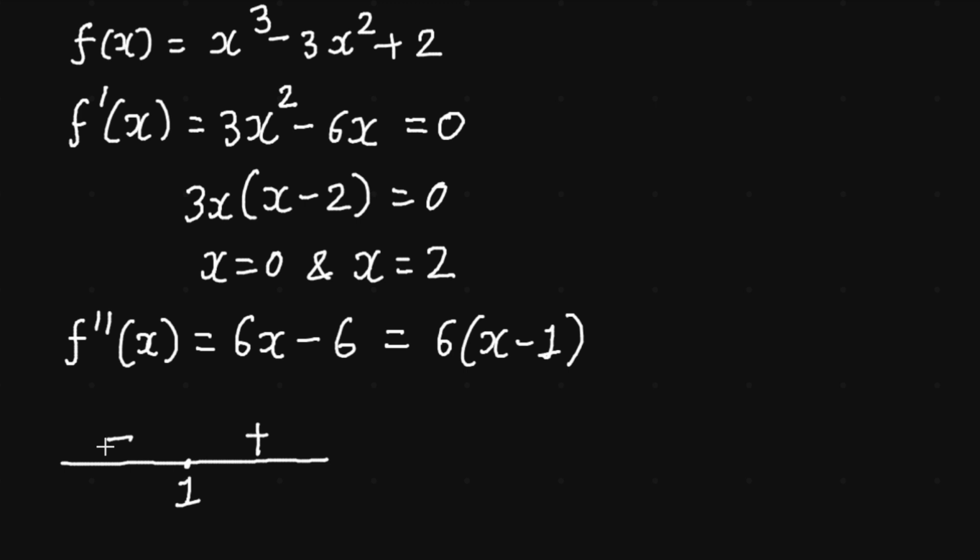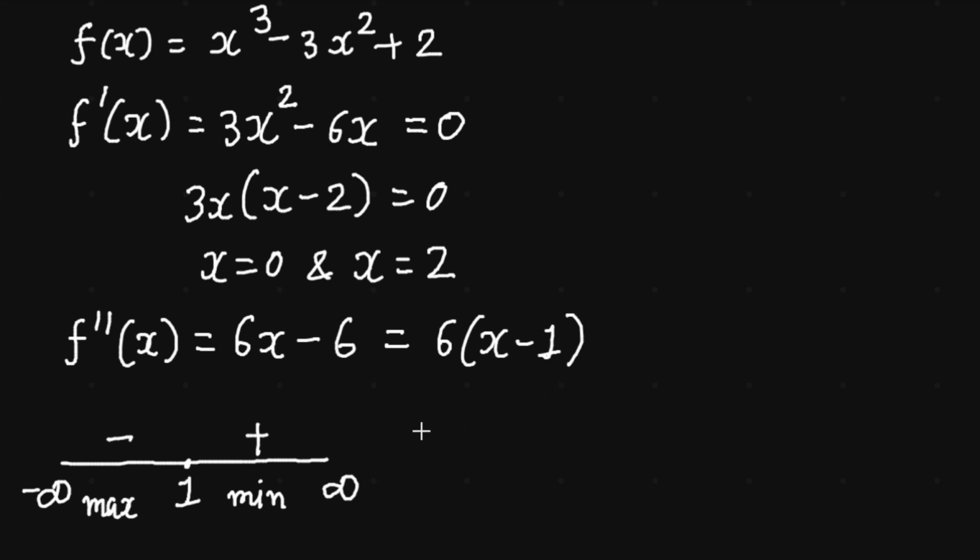So here our f double prime of x will be negative from minus infinity to 1, and from 1 to infinity our second derivative would be positive. So here we will have a local maximum, and in this interval we will have a local minimum.